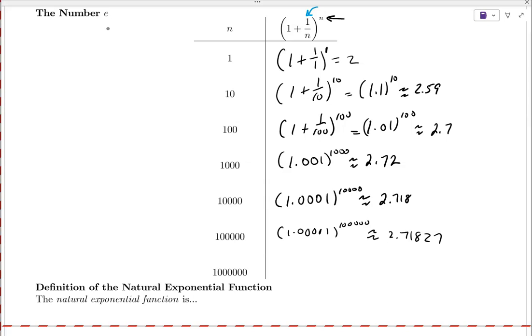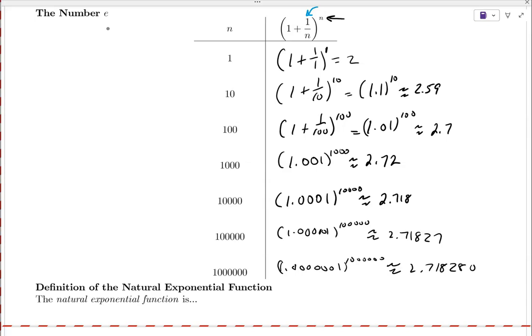And the next one should be, oops, I didn't put an extra zero in there. Well, I'm illustrating that this really is getting closer and closer to a specific number. That's why I want to do that. So this is 2.718280, I think it is.